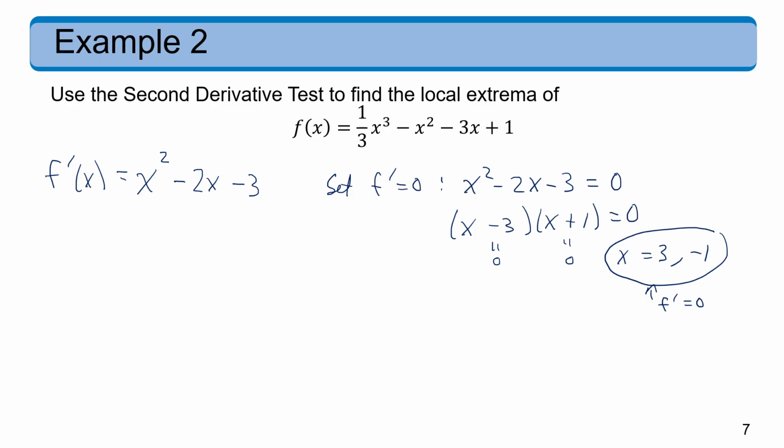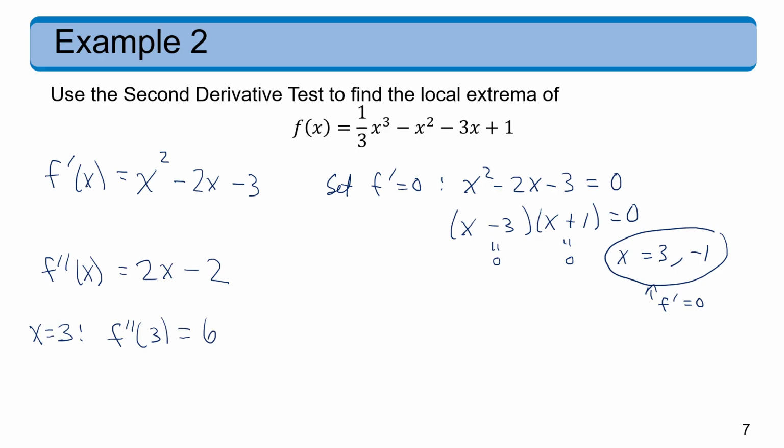So let's take them one at a time and plug them into f double prime. We first need to find our formula for f double prime. So we look at our formula for f prime right above where I'm writing and take the derivative of that, and we get 2x minus 2. Now let's start with x equals 3. I'm going to plug 3 into f double prime.